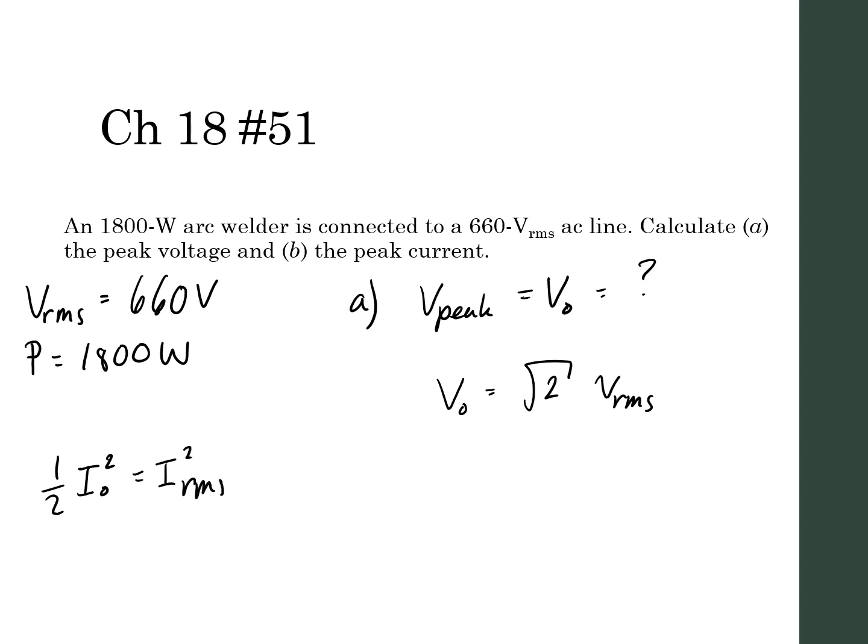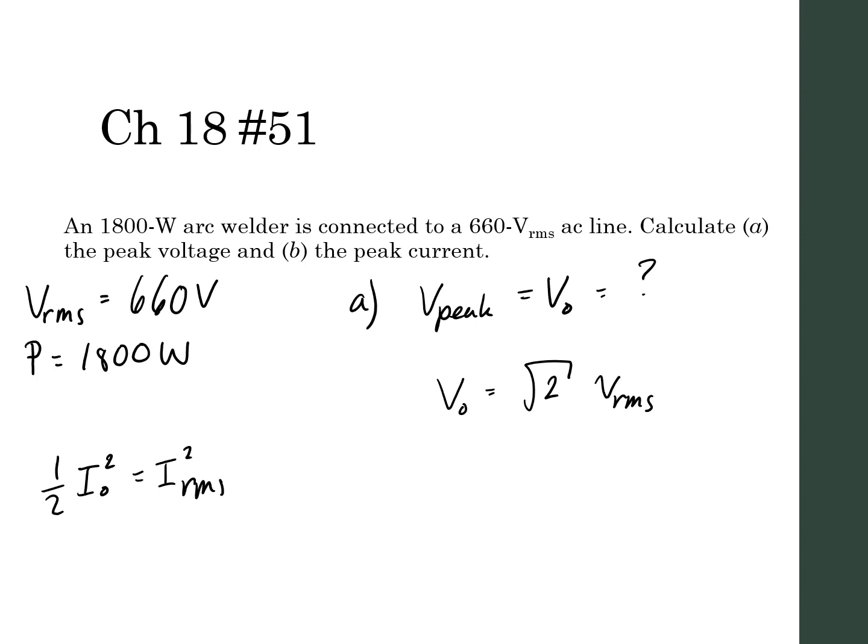We can rearrange this because a similar equation holds for the potential. We could rearrange it to find the equation that I've written down here. We multiply both sides by 2 and then take the square root, and this is what we have.